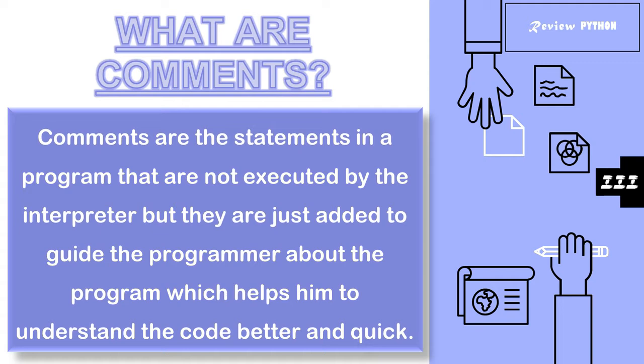Comments are the statements in a program that are not executed by the interpreter, but they are just added to guide the programmer about the program, which helps him to understand the code better and quicker. Now this basically means that comments are not executable. They are not to be read by the interpreter and executed accordingly.